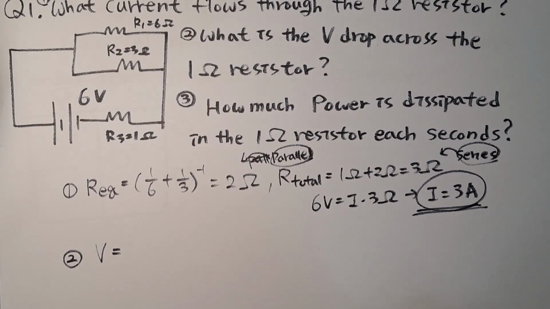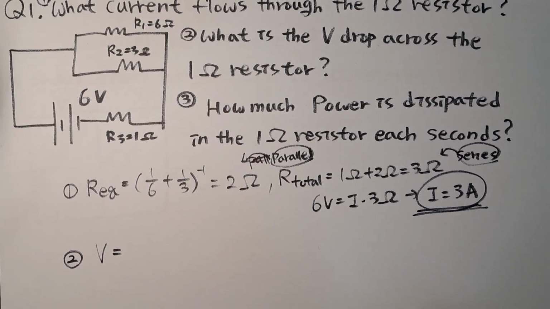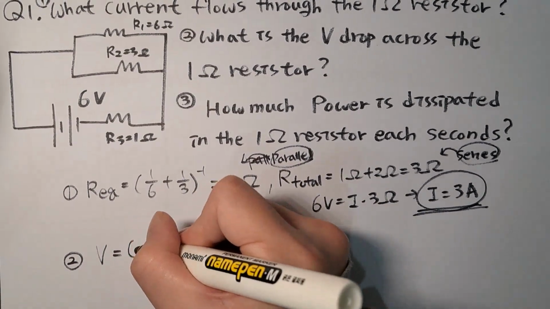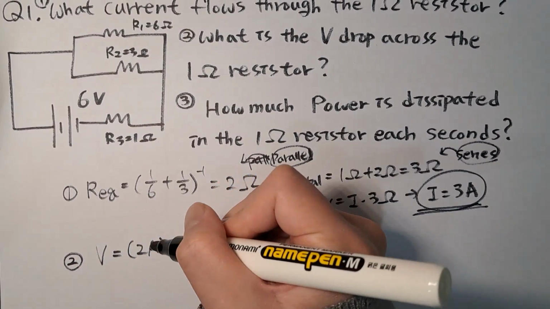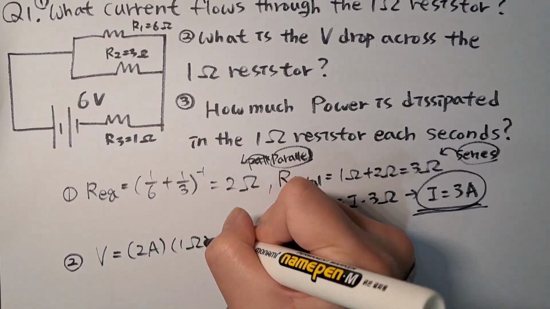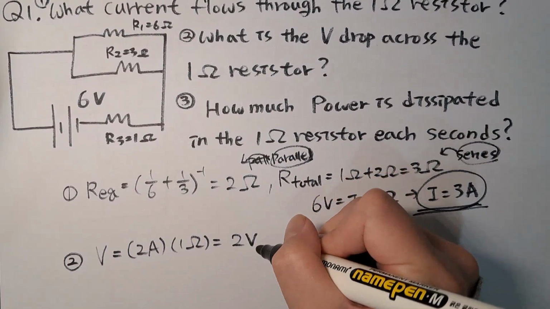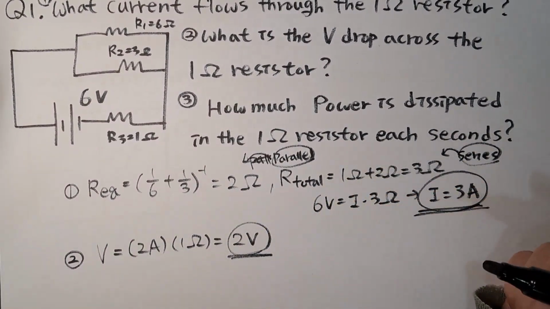Secondly, we are going to find the voltage drop across the 1 ohm resistor. So 2 ampere times 1 ohm is going to be 2 volts. So the voltage is going to be 2 volts.